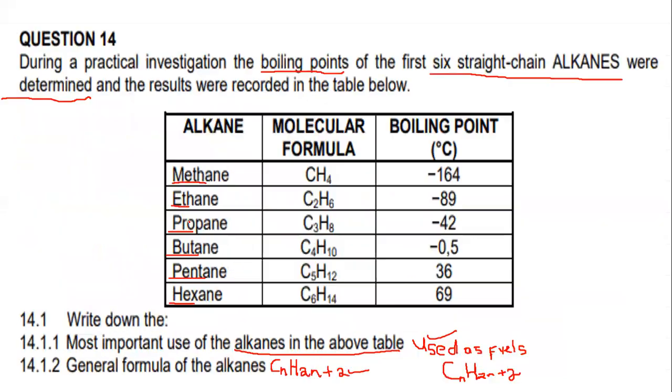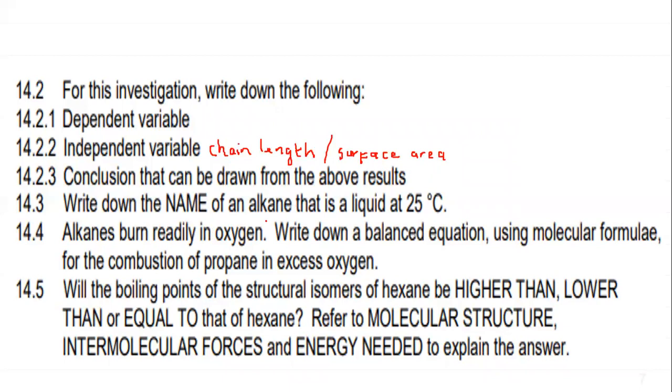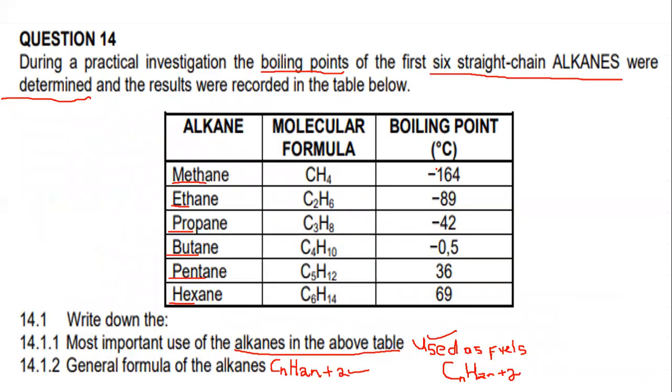We go back to our table. Which variable here depends on the independent variable? So what depends on the chain length? We say the boiling point depends on the length of the chain. And I can see that when the chain is shorter, the boiling point is low. When the chain length increases, the boiling point increases.